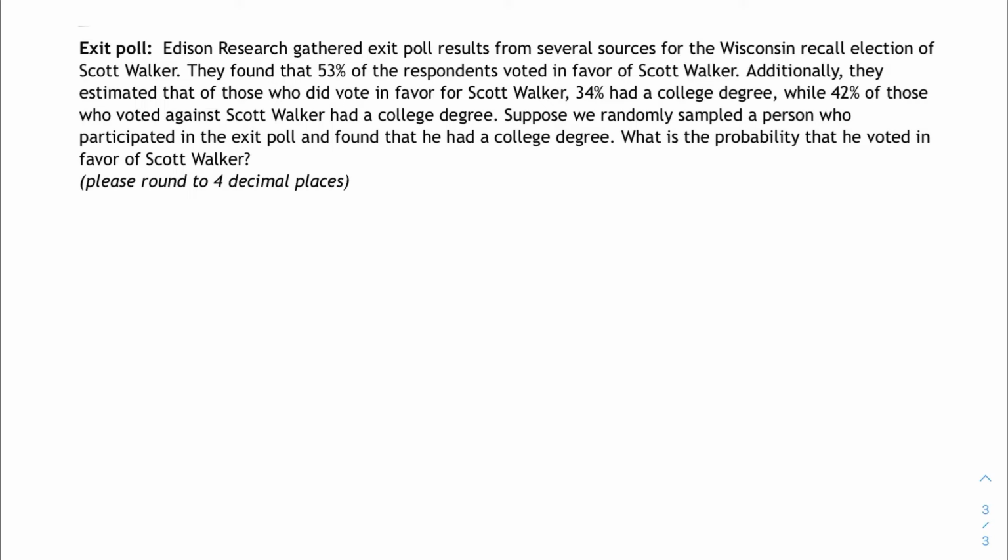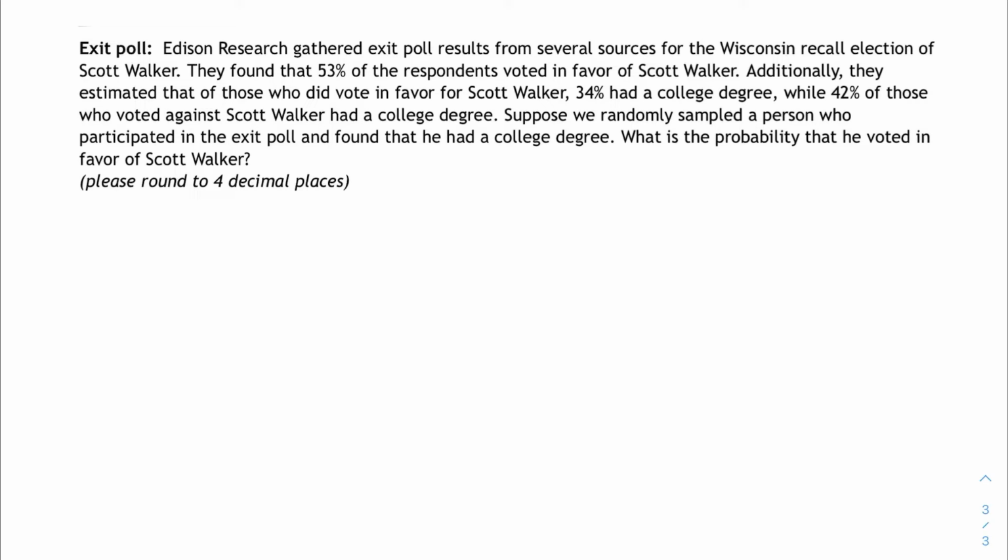It says, suppose we randomly sample a person who participated in the exit poll and found that he had a college degree. What is the probability that he voted for Scott Walker? So that's find the probability that somebody voted for Scott Walker given that they had a college degree.